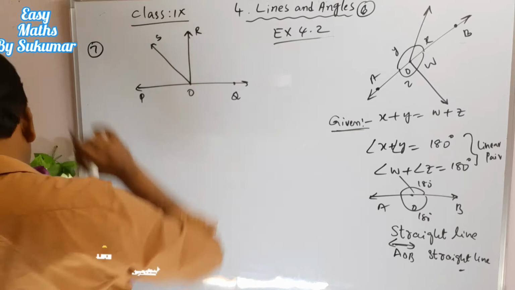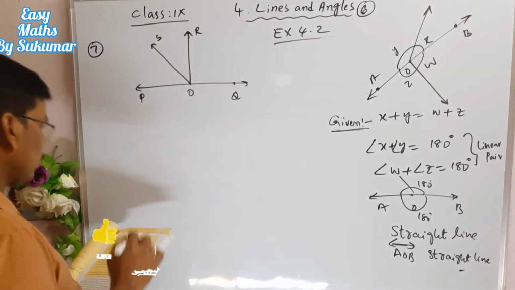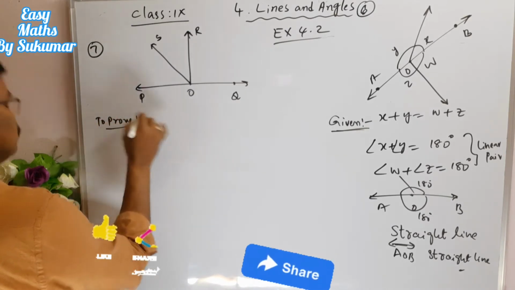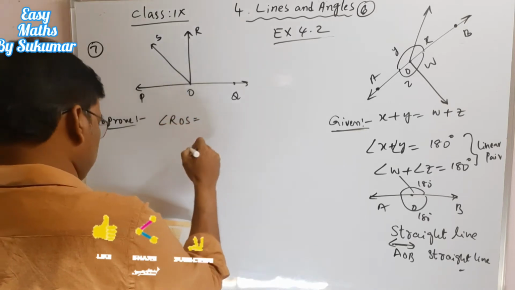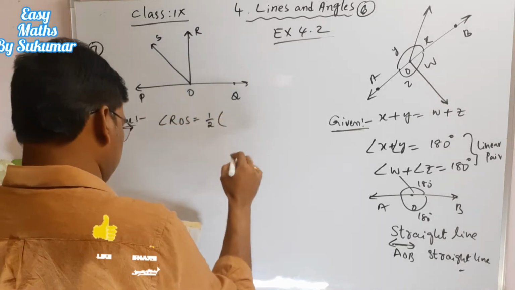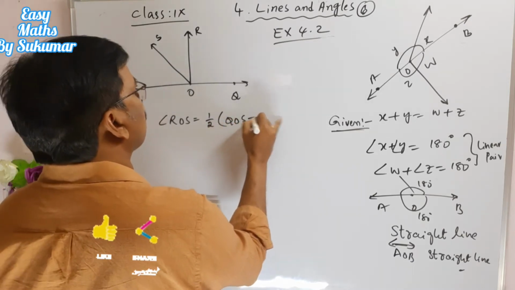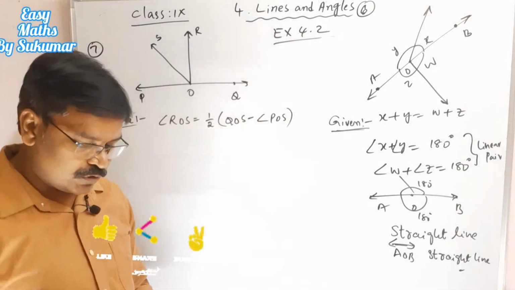To prove: angle ROS is equal to half of angle QOS minus angle POS. Right, this is to be proved.